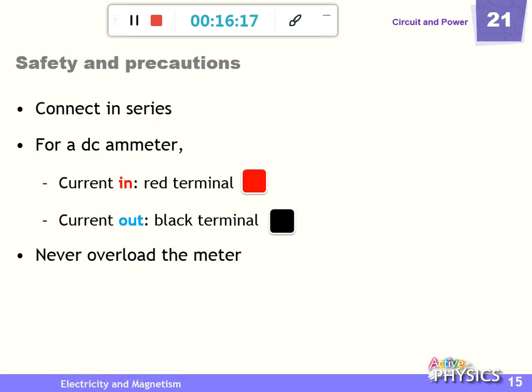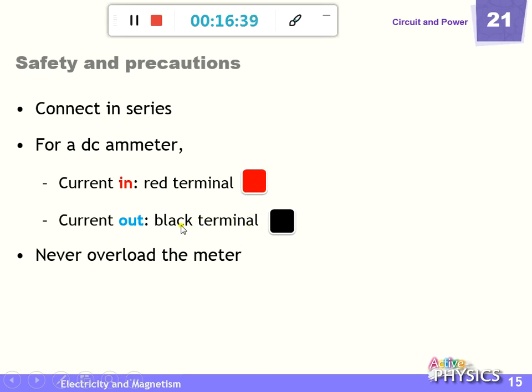And other than it, we have the safety precautions if this one is connected in series. Because in order to find out the current, you should have positive and negative terminals. Usually the positive one will be red in color, because it means dangerous.